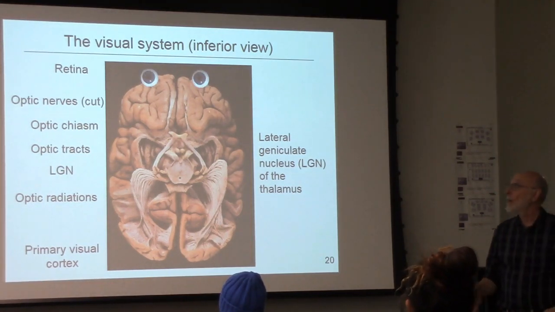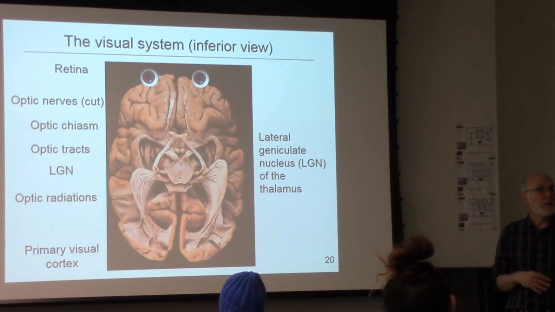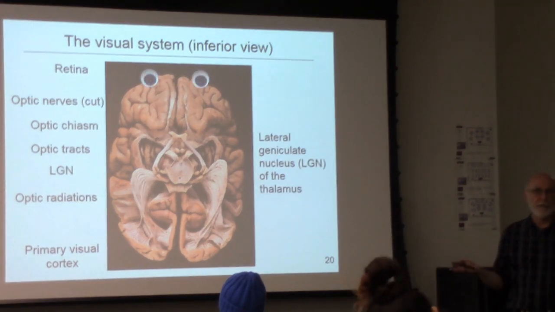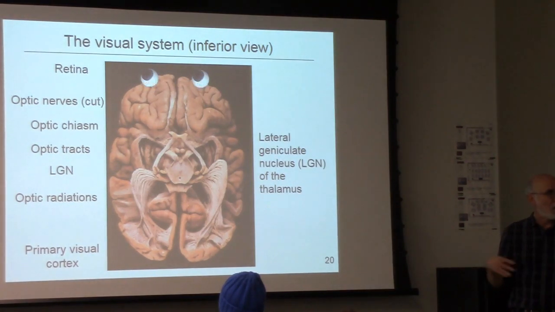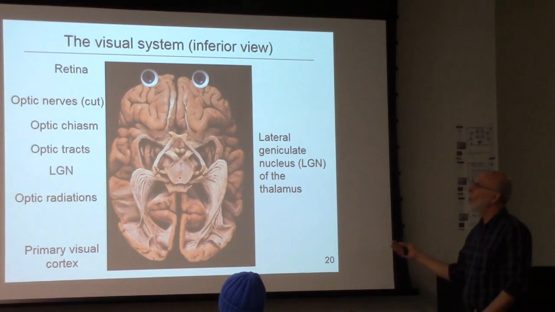That's where we're going. We'll start with some anatomy, and then we'll get into the cellular and molecular physiology. That's where I like to go, but we'll start with anatomy.